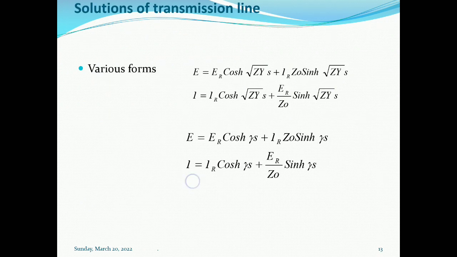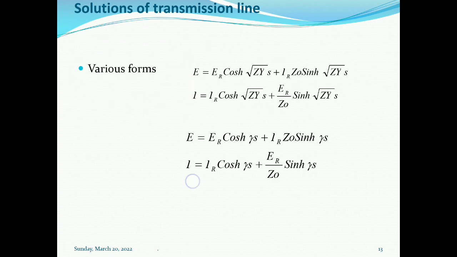So these are the various solutions of the transmission line. The transmission line analysis is generally described as the voltage and current analysis. A line terminated in Z0 behaves as an infinite line. Consider the line terminated in Z0 and divided into a number of identical sections of unit length.